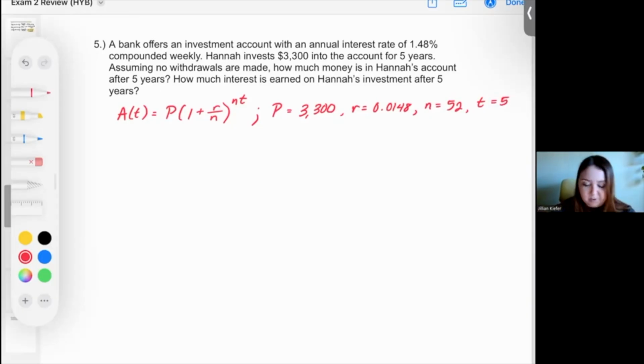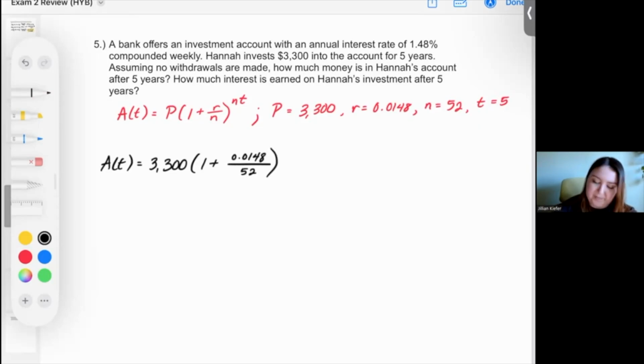So we have all of our information. We can go ahead and plug all of this into our formula to find the amount after 5 years. So A of T is equal to our principal, $3,300, times 1 plus 0.0148, divided by n, which we said was 52.